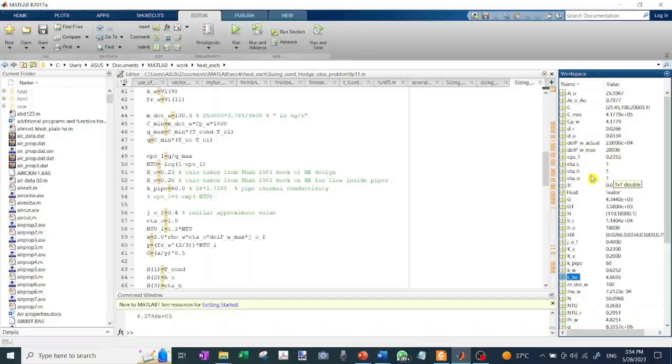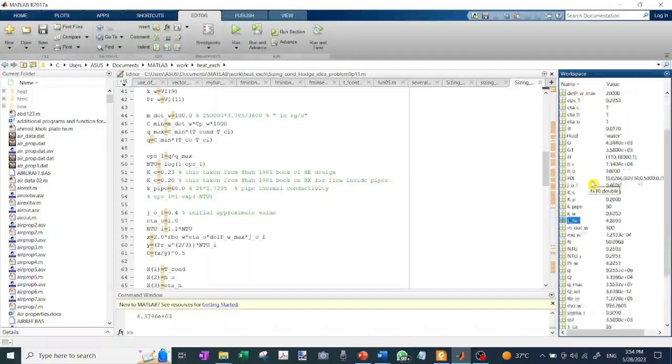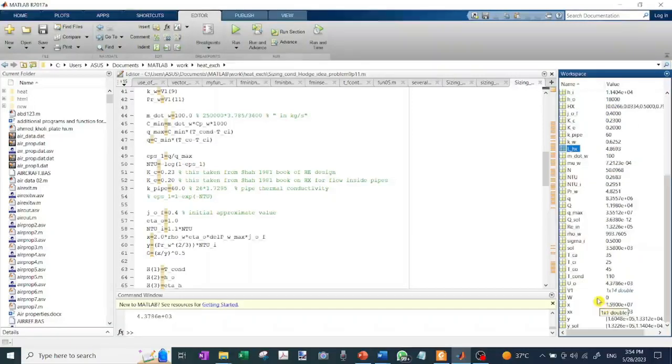All other parameters, the heat transfer area and everything, are also listed here, in addition to all the calculations that have been done.